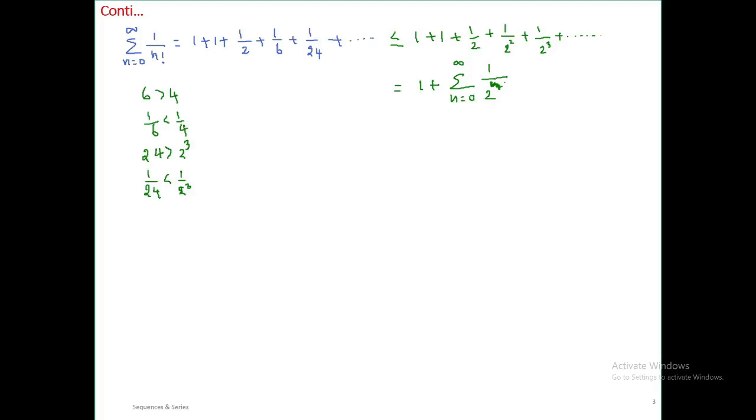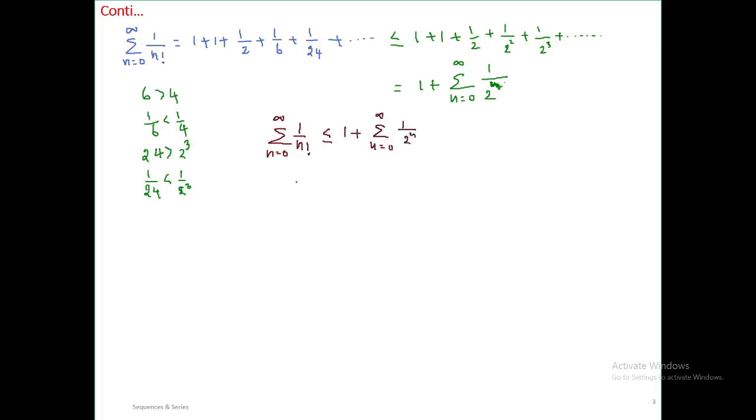If n is 1, 1 upon 2, n is 2, 1 upon 2 square, and so on. So now clearly I can say that the series from 0 to infinity of 1 upon n factorial is less than or equal to 1 plus the series where n is running from 0 to infinity of 1 upon 2 raised to n.